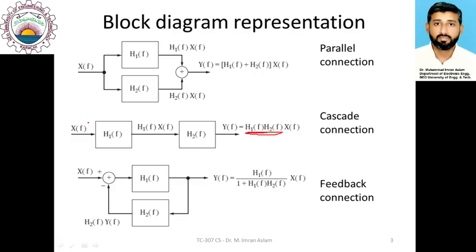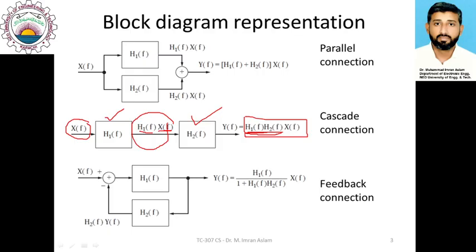You can see that if you have an input which is applied to the subsystem with frequency response of H1(f), the output will be H1(f) multiplied by X(f), and if this output becomes input to the second subsystem, which is represented by the frequency response of H2(f), in that case the overall response will be multiplied by this H2(f) as well. So you will get the overall response to be equal to H1(f) H2(f) into X(f).